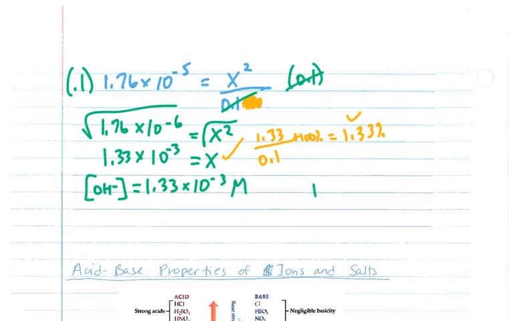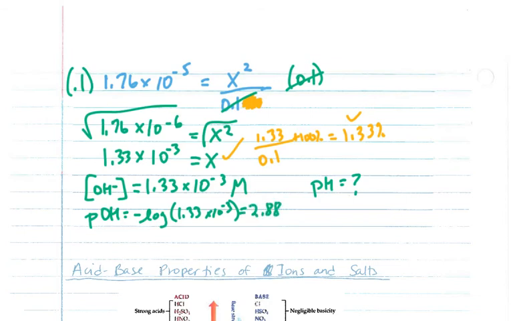It also wanted to know, the question asked, what is the pH? And we can get the pH from the OH, but first we have to find the pOH. So the pOH is going to be the negative log of 1.33 times 10 to the negative 3rd, which is equal to 2.88.